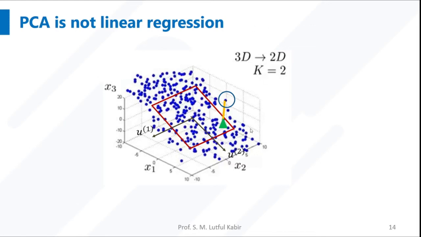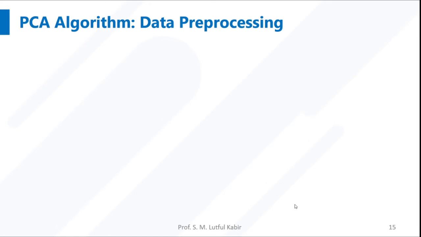Now, the principal component analysis and the algorithm for PCA. The first step is data pre-processing. As we have discussed in supervised learning, the same technique we apply for pre-processing the data.